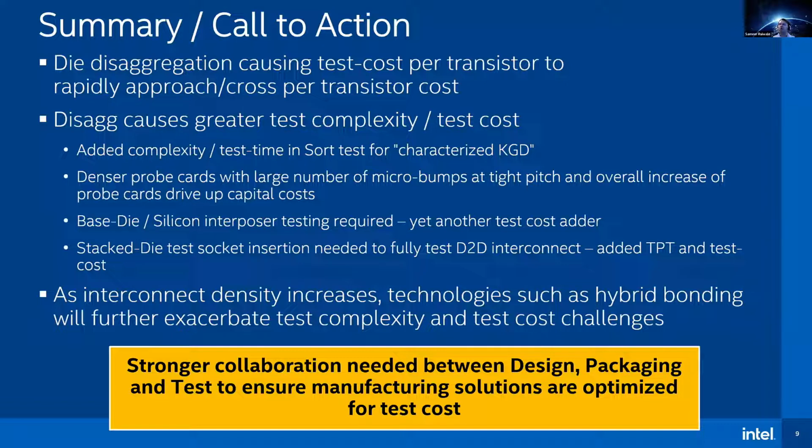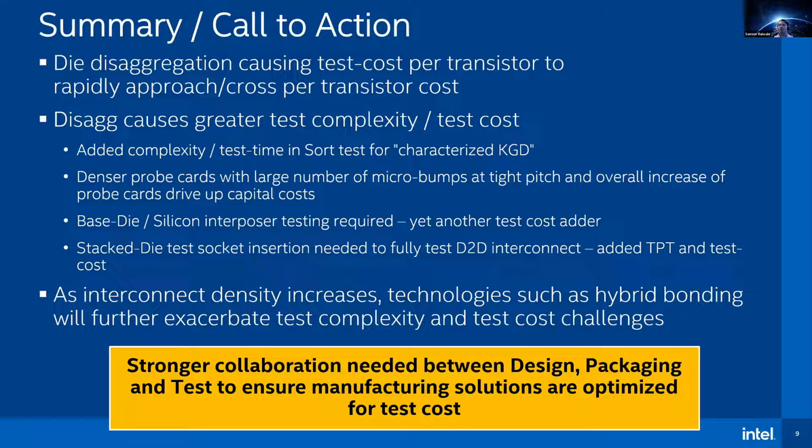Or how do you deal with that complexity? And how do you deal with the fact that these pads that are being probed are so small that even probing them causes defects? So there are a lot of these things that need to be considered as these technologies advance. And we need to really think about what the issues with test will be, what the issues will be that will drive up test cost and test complexity.